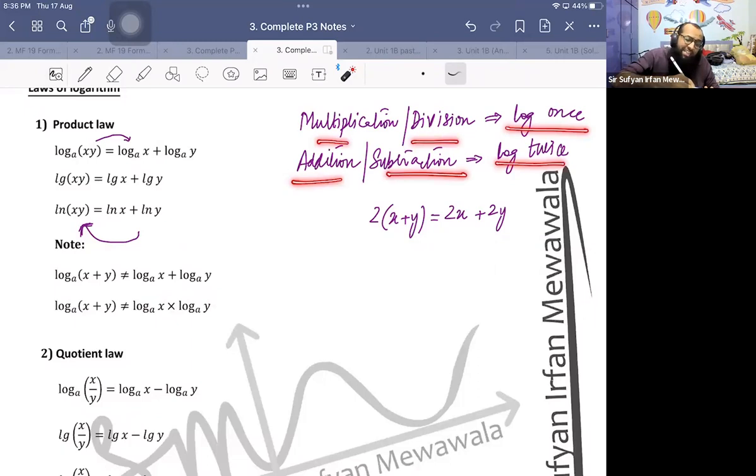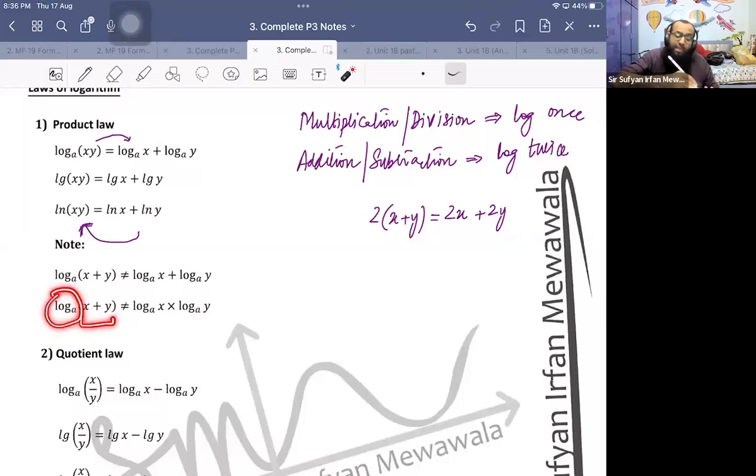Over here, it's an addition form and the log is once. X and y are being added and log is seen once. So it is not possible to be converted into multiplication form by taking log twice. No, this is not the law. Sir, we cannot convert log of x plus y with the base of a into this form. Neither can we convert into this form.